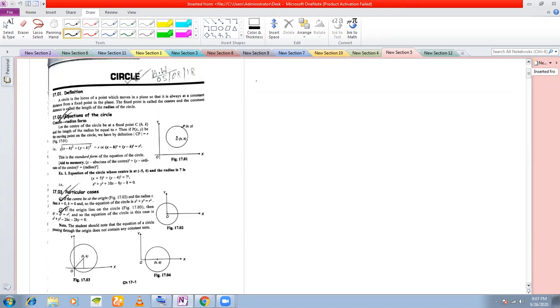to derive the standard equation of a circle. Okay, the standard equation of a circle.